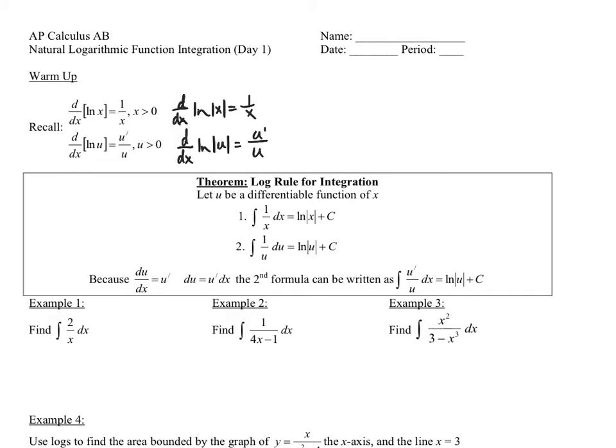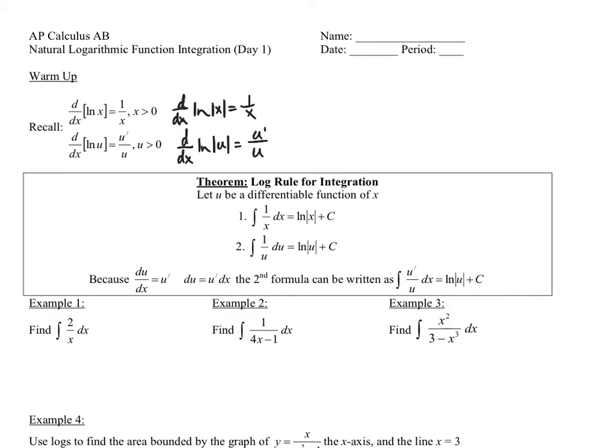Well, here, you'll notice we're actually using these more specific rules in our integration, okay? The integral of 1 over x dx is the ln of absolute value of x plus c. The integral of 1 over u du is ln of the absolute value of u, okay?